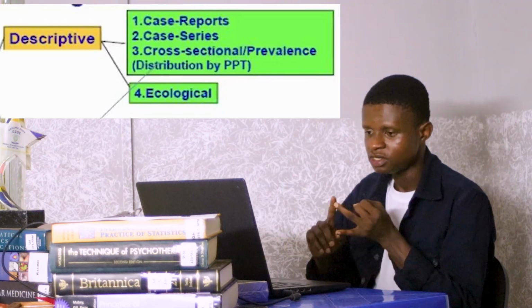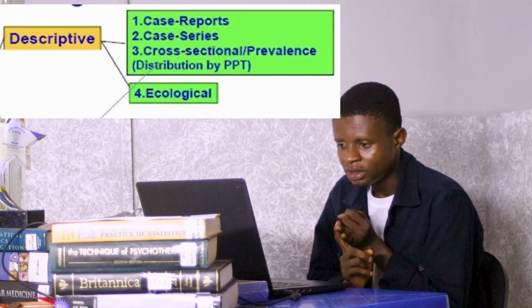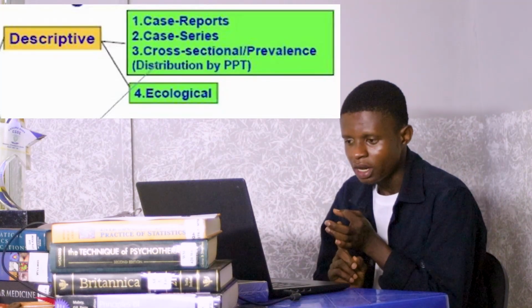So when we come to the descriptive, which is under the observational study, we have case series, case reports, cross-sectional, and then also ecological study. So under the descriptive studies, we can have population based and individual based.